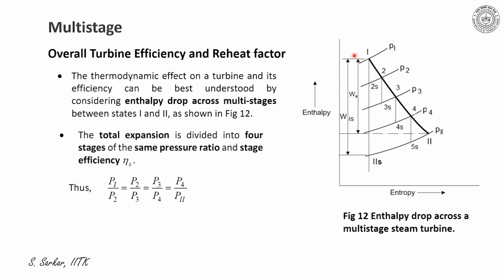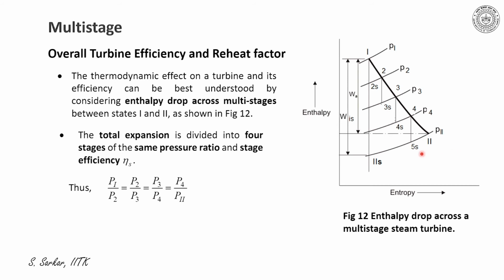So here 1 and 2 indicate the overall enthalpy drop across 4 stages. Now P1 be the inlet pressure and P2 indicates the exit pressure from the multistage turbine, and P2, P3, P4 indicate the intermediate pressures.